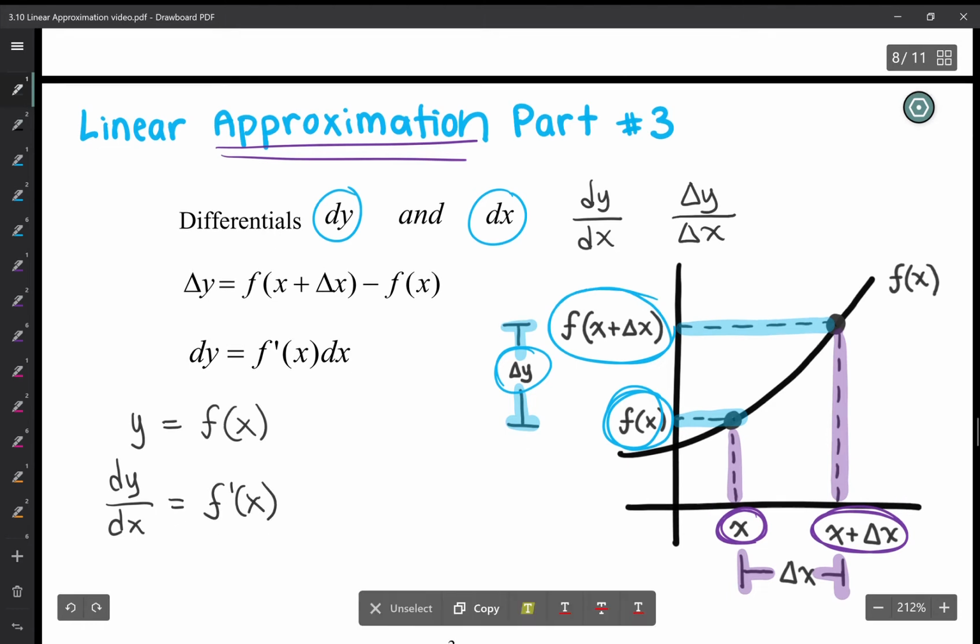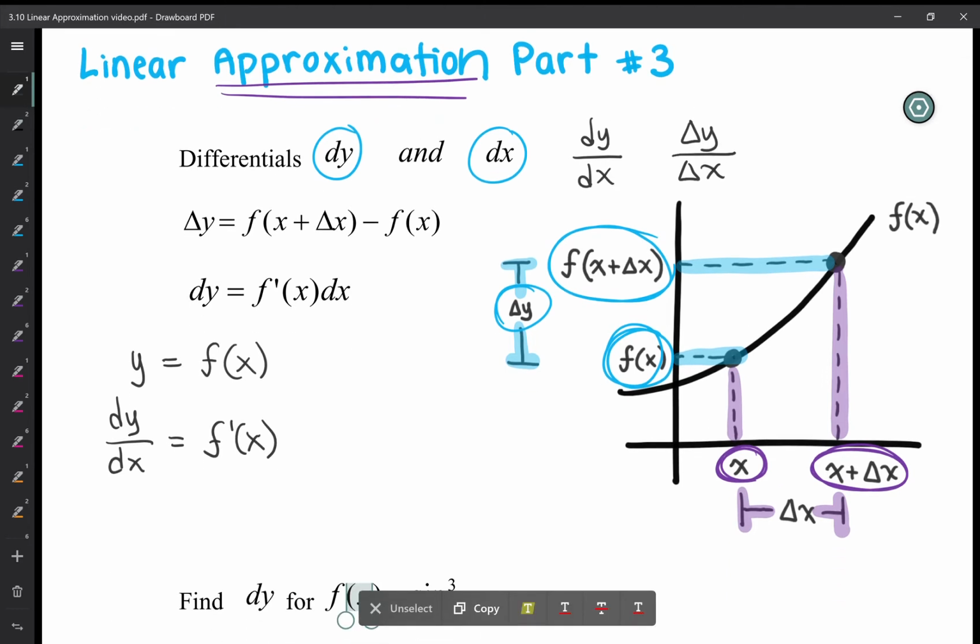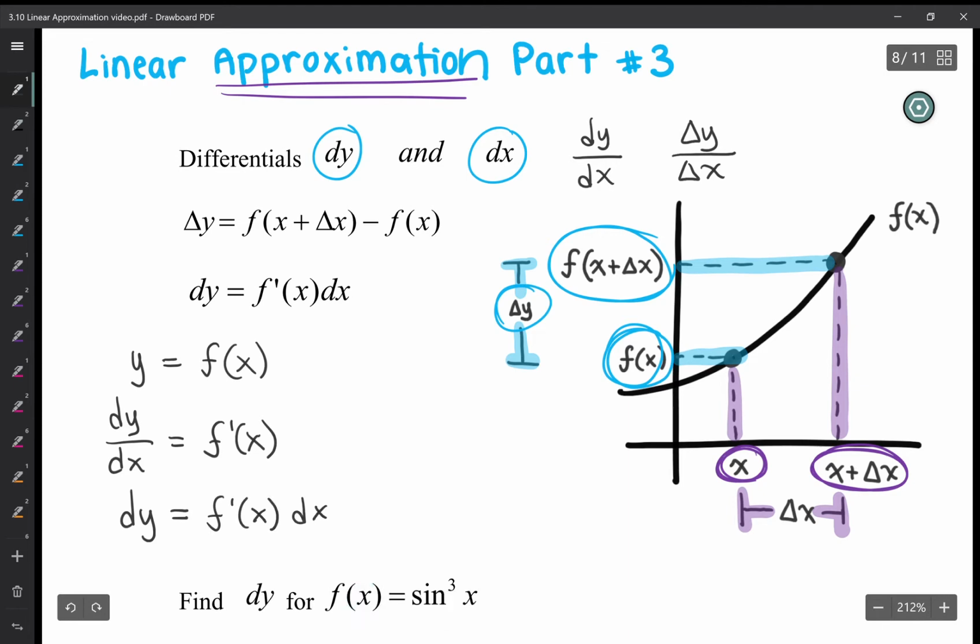And we can solve for that differential dy by multiplying both sides by dx. So we get that dy is equal to f prime of x dx. And this is the process that we'll use in order to find the differential dy.